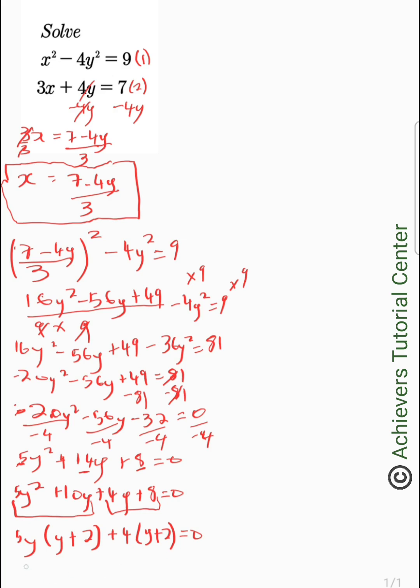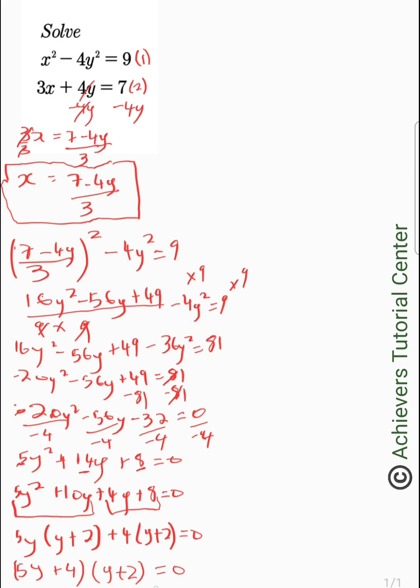So when we simplify this, this simplifies to (5y plus 4)(y plus 2), and this equals 0.